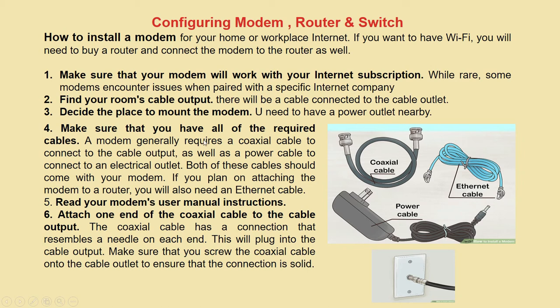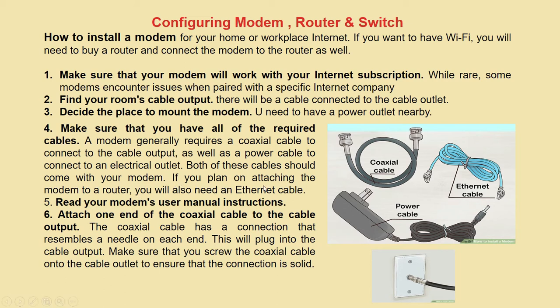Okay, then make sure that you have all of the required cables. A modem generally requires a coaxial cable to connect to the cable outlet as well as a power cable to connect to an electrical outlet. Both of these cables should come with the modem.